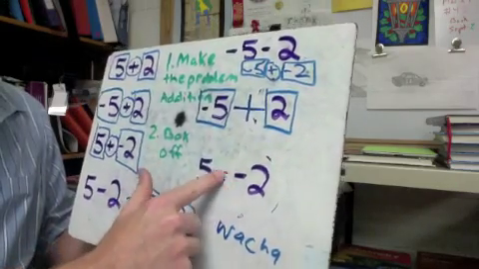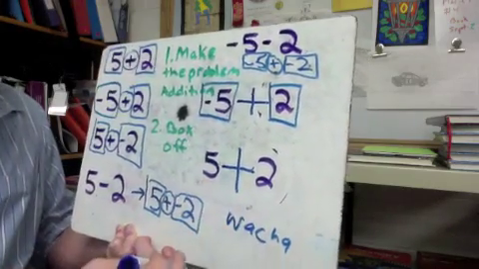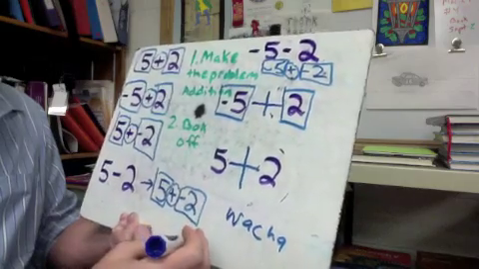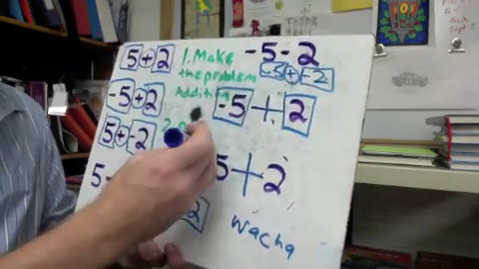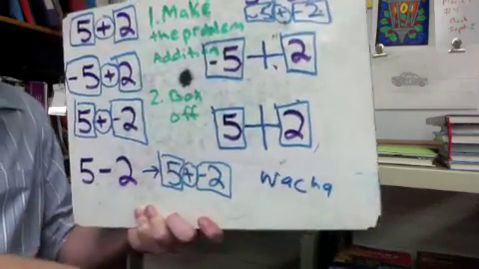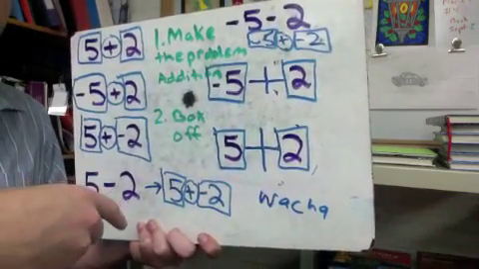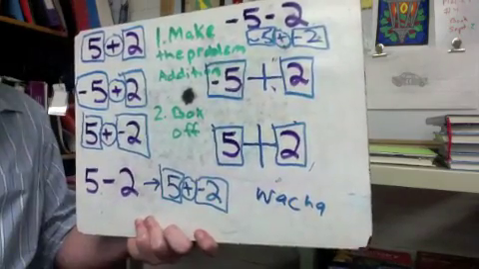Two negatives, big plus. Okay? It's almost like we're putting together those two negative signs, and I'm just flipping this around to make a plus sign. So now I've got positive 5, positive 2. Okay? Now, all these problems right now, we've changed them to addition, so they're all set up and ready to go for us to be successful.